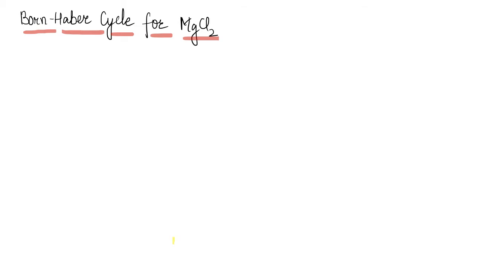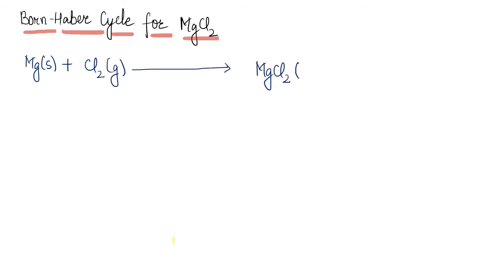Magnesium is present in which state? Mg solid, Cl2 gas will form MgCl2 solid. अब हम यहाँ पे half Cl2 नहीं लेंगे because we need 2 Cl atoms in the MgCl2 formula. Okay, so don't do the half thing.